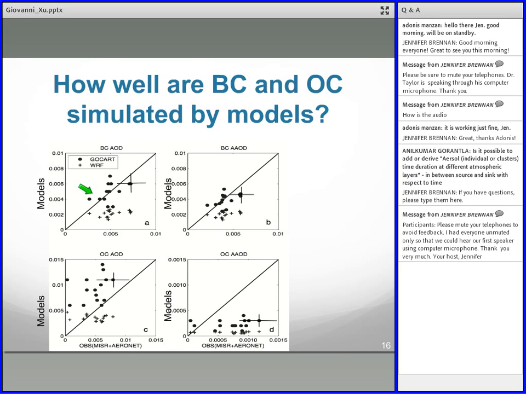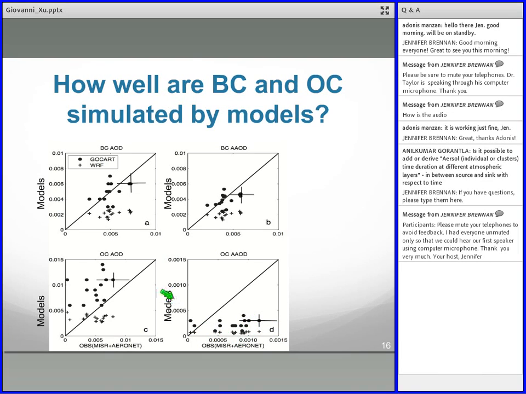We can see the NASA GEOS model actually did a fairly good job in the black carbon simulation, but not so well in the organic carbon. It actually overestimates the scattering part of organic carbon. But again, the organic carbon absorption is close to 0 in the models, but in the observations, it has a non-negligible contribution.